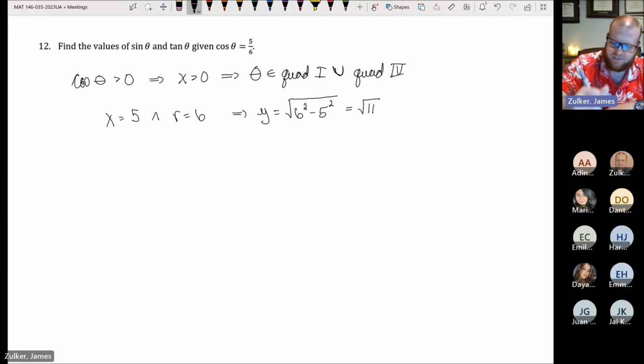But wait a minute. The absolute value of y is the square root of 11. Right? We don't know if we're in quadrant 1 or quadrant 4, so we don't know if y is positive or negative.